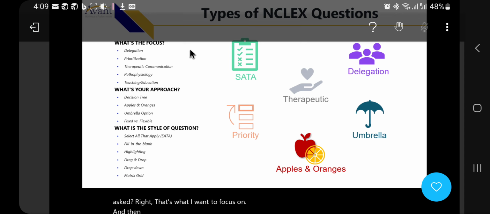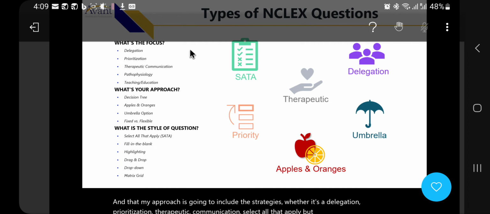And then my approach is going to include the strategies, whether it's a delegation, prioritization, therapeutic communication, select all that apply, but also I want to think about looking at my answer choices from the decision tree perspective, right? Working out what is the best option here and looking at them from a logic perspective with that orange in the basket of apples, the umbrella, or the fixed versus flexible language.